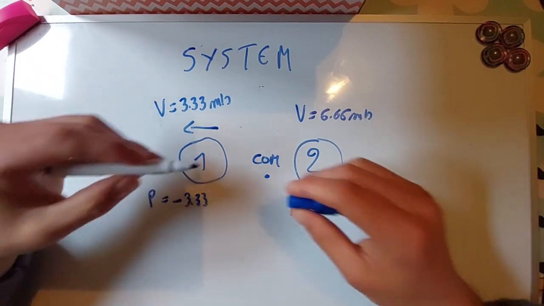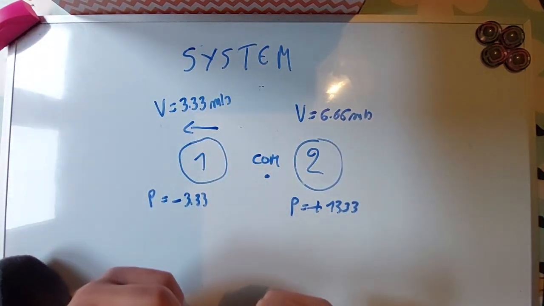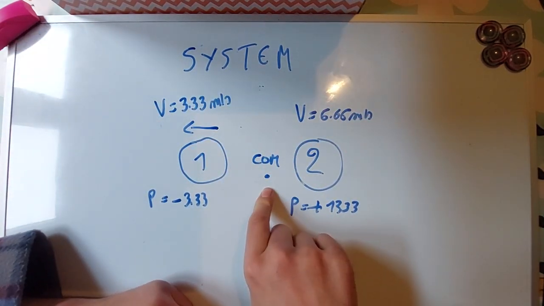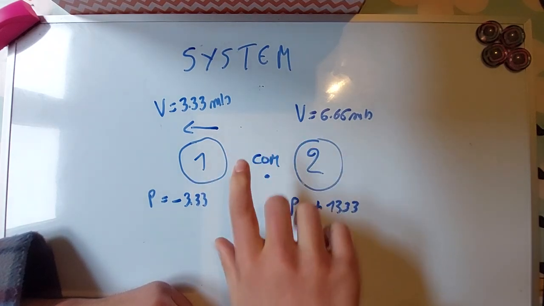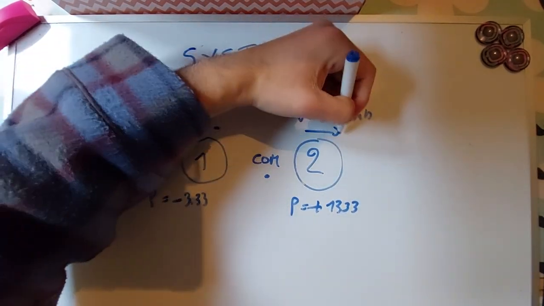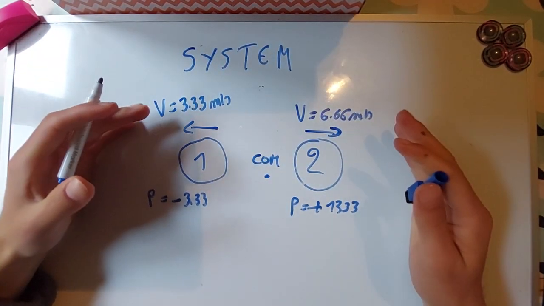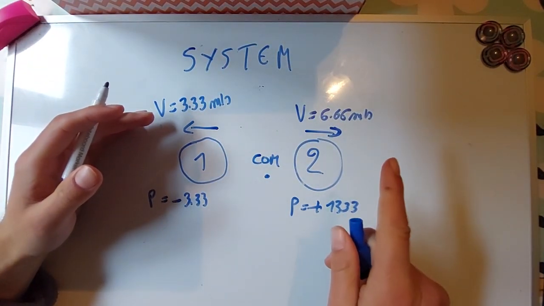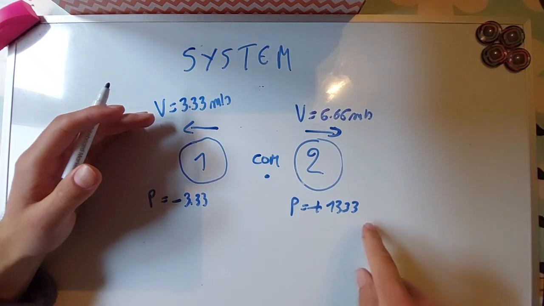So now, as this is one unified object, this means that from the perspective of the center of mass, the whole system is moving to the east with a quantity of motion of 13.33.